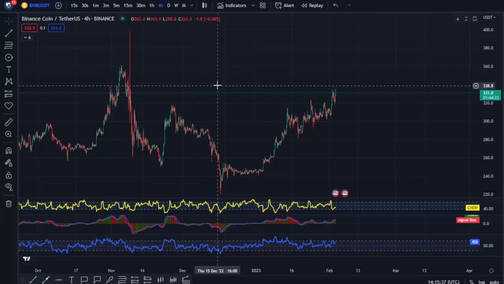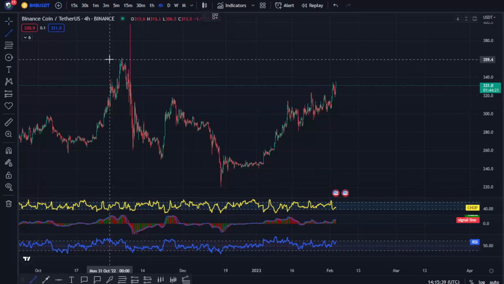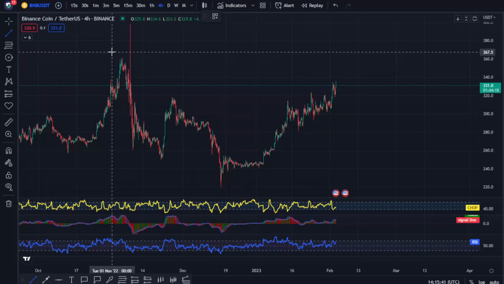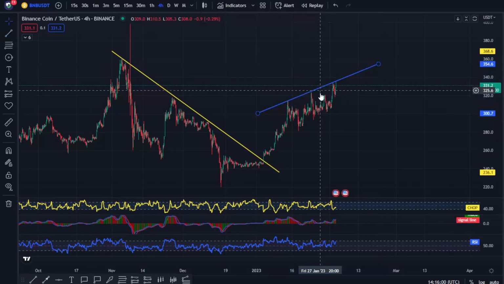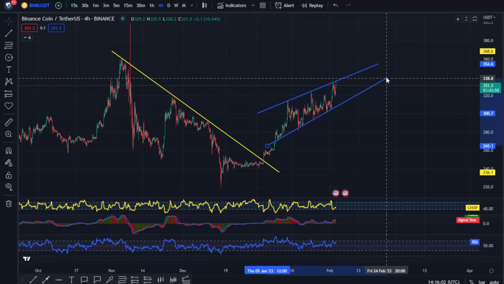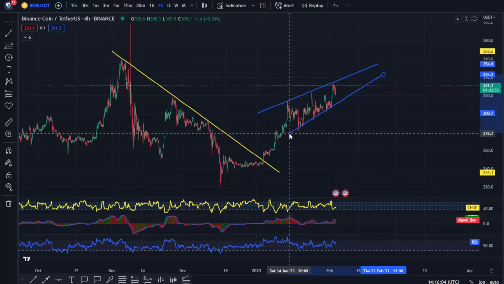As the third, we will check the BNB chart on a 4-hour interval. As we can see, the price has broken the downtrend lines, while currently we will use the blue lines to mark the uptrend channel in which the price is moving.